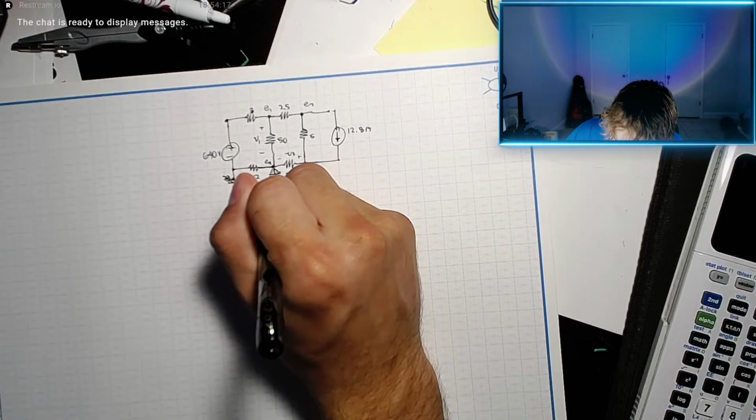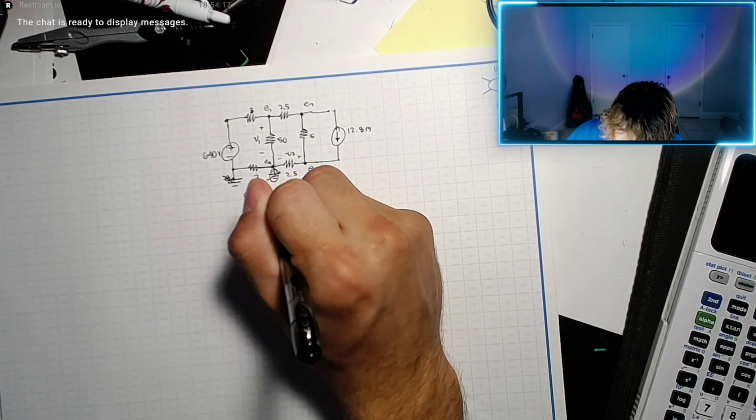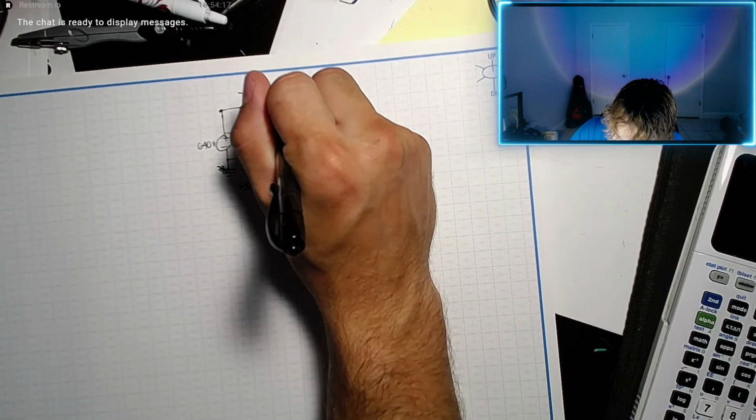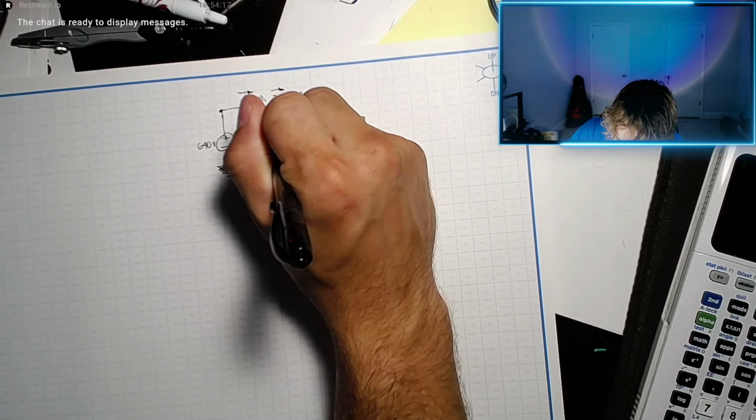640 minus E1 divided by 3. I better specify everything. They'll dock me points for that.